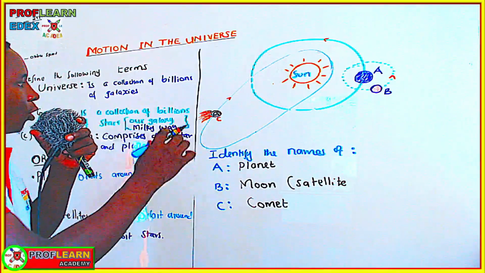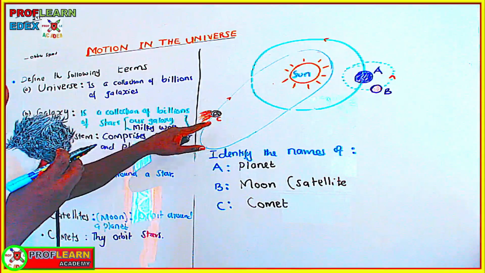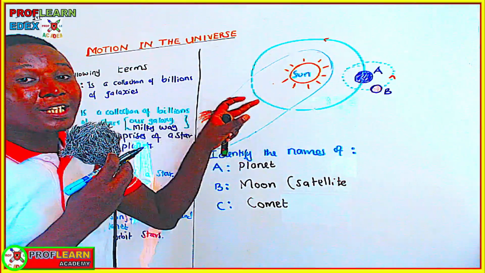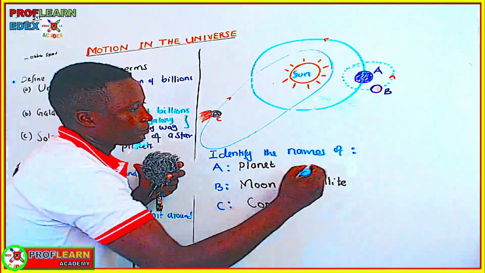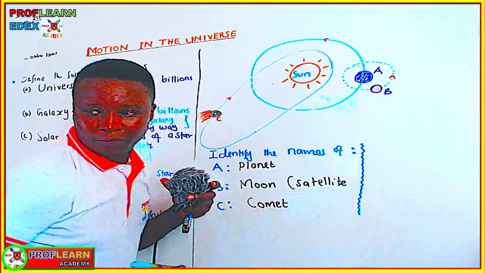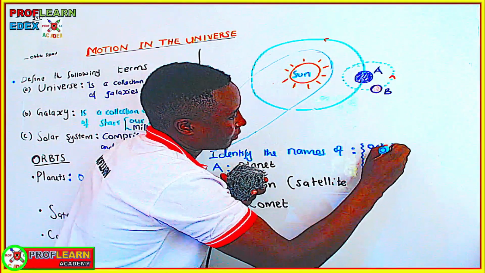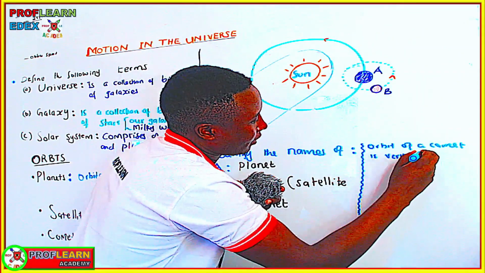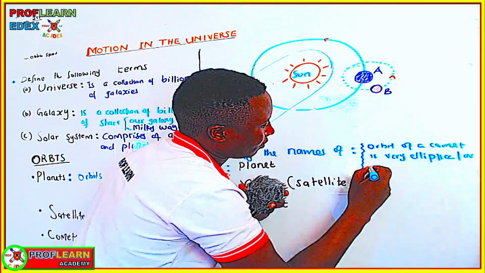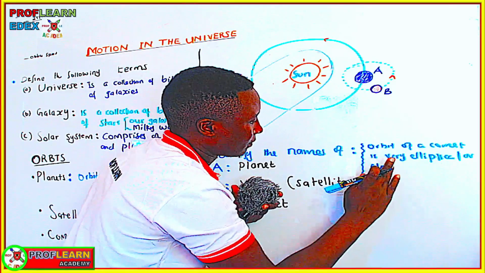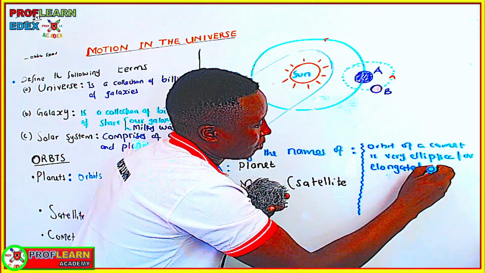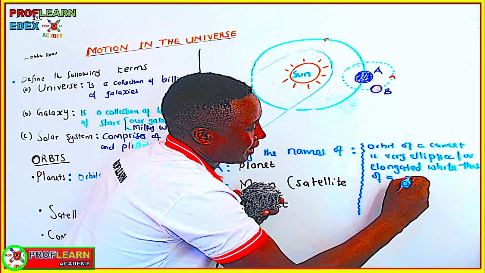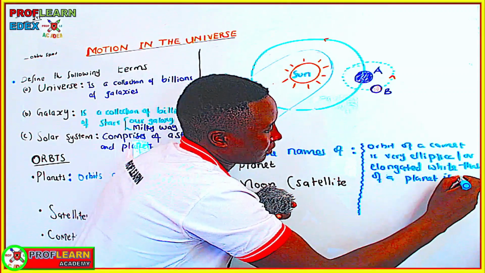One of the reasons you will say is that the orbit of a comet is very elliptical or elongated, while that of a planet is just elliptical.